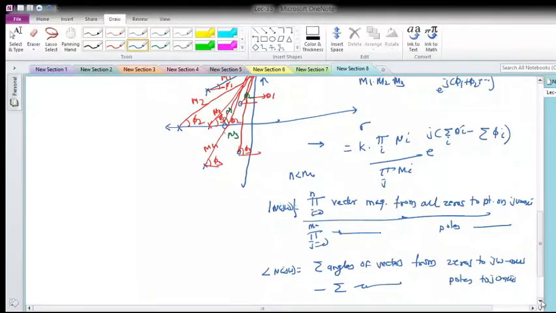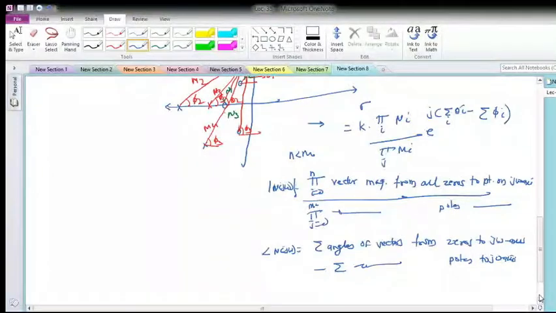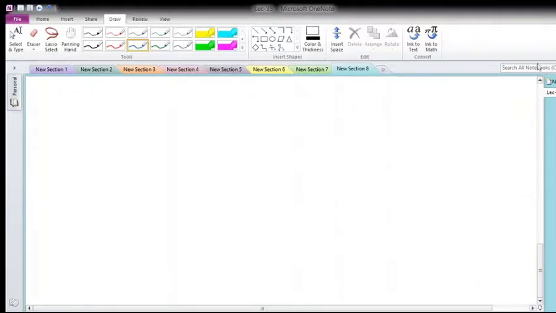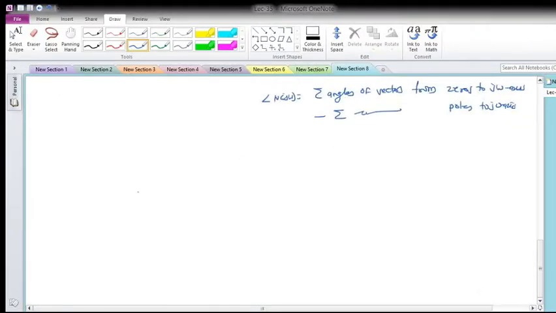This way we can plot the magnitude and phase response for each point, and then draw the resultant. For example, let me take one example. Say my network function is 4s upon s square plus 2s plus 2. My question here is to draw the magnitude and phase response.